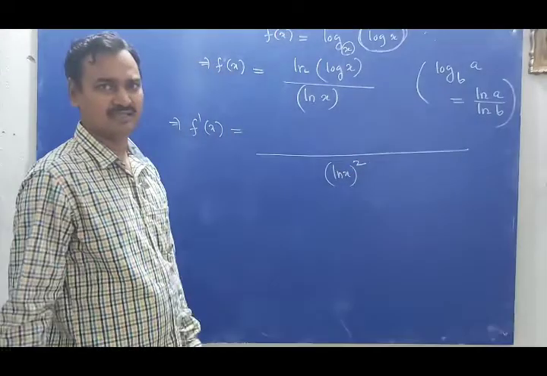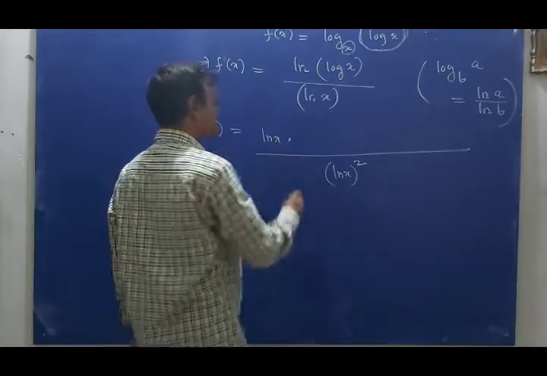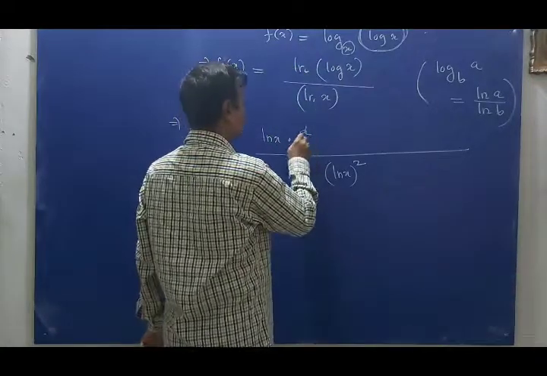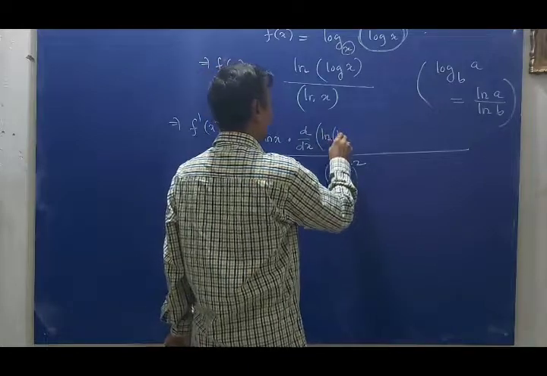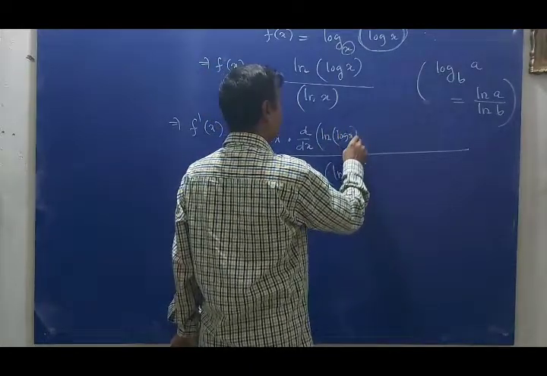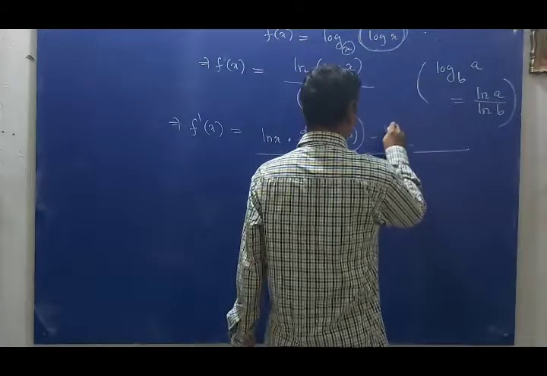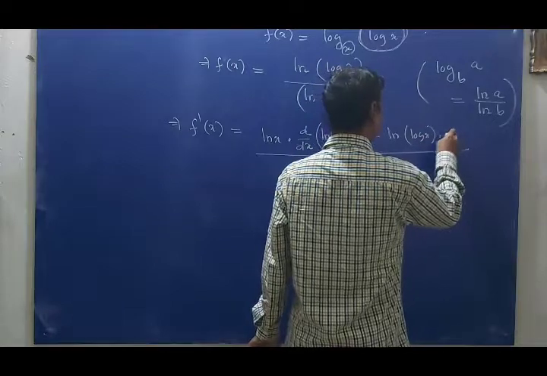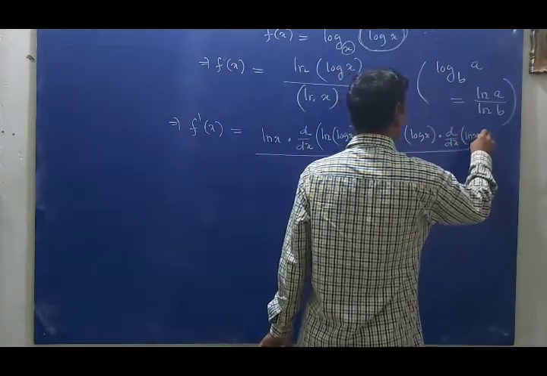Then v, which is ln of x, into derivative of u, so d by dx of ln of log x, minus ln of log of x into d by dx of ln of x.